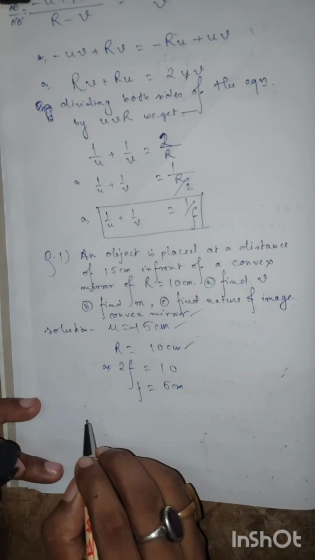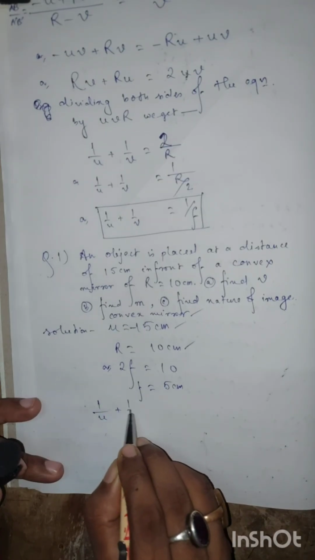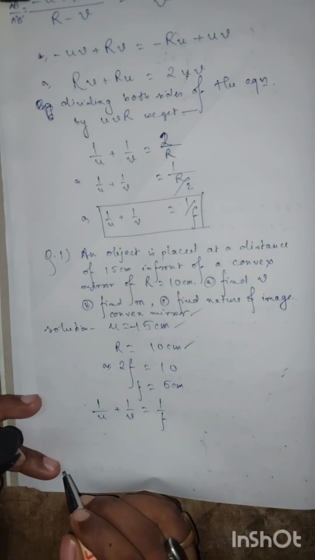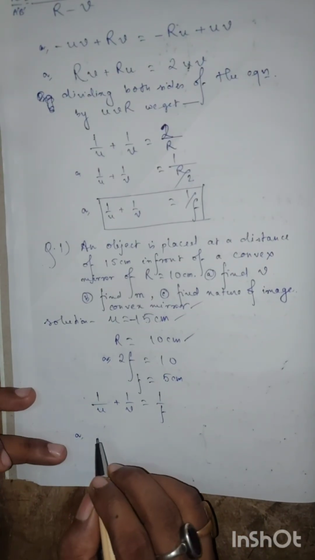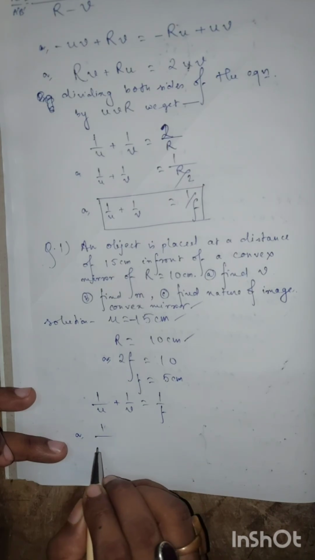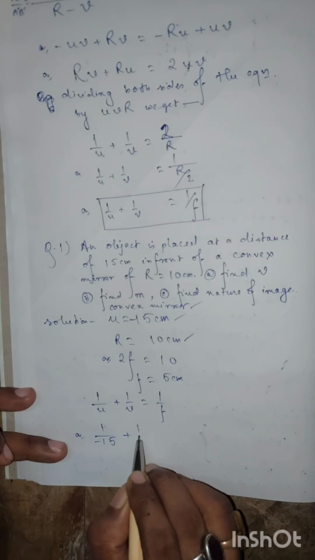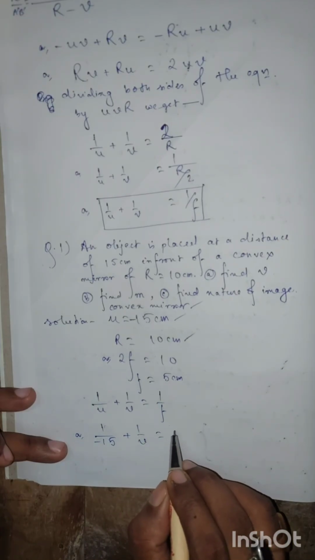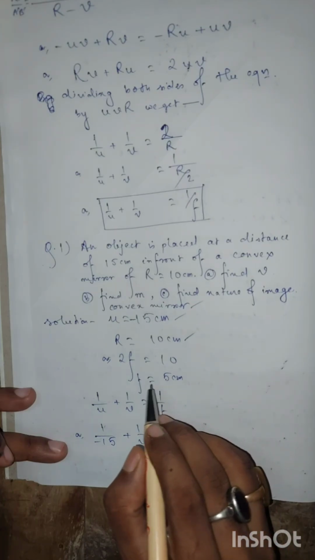So using the mirror formula we can write, in place of u we can write 1 by minus 15, plus 1 by v is equal to, for a convex mirror focal length is positive, 1 by 5.